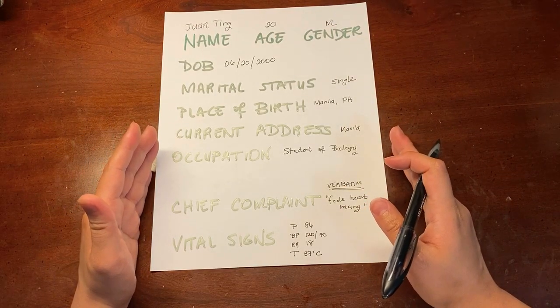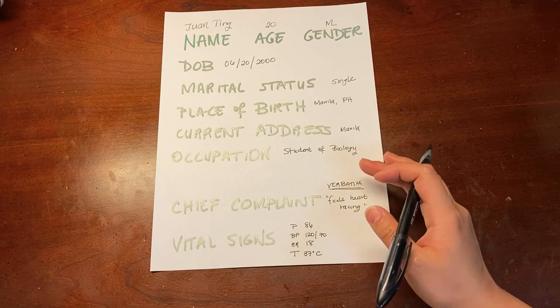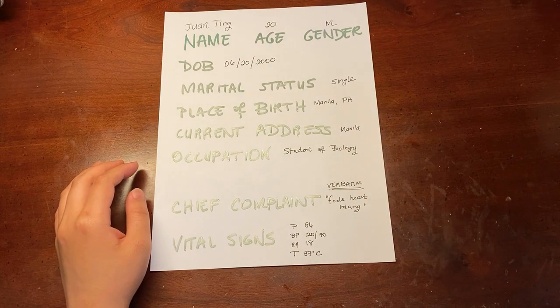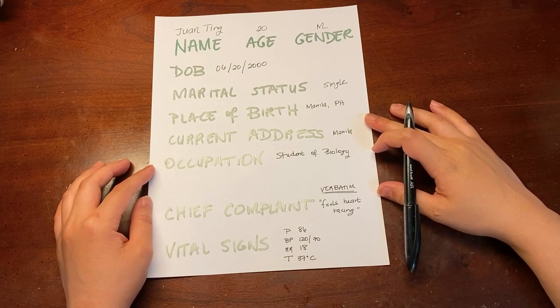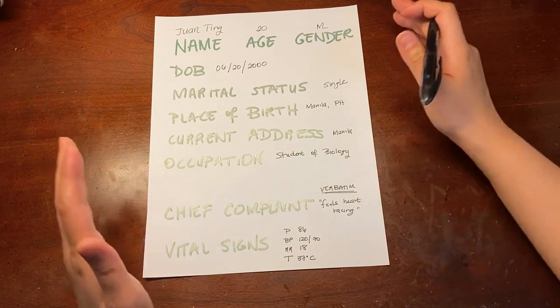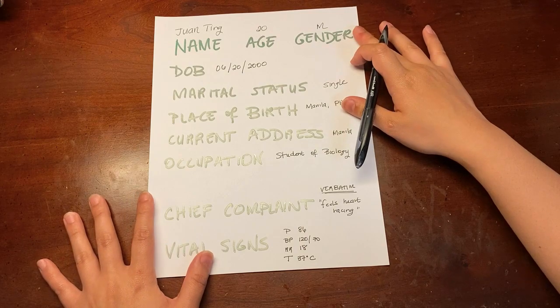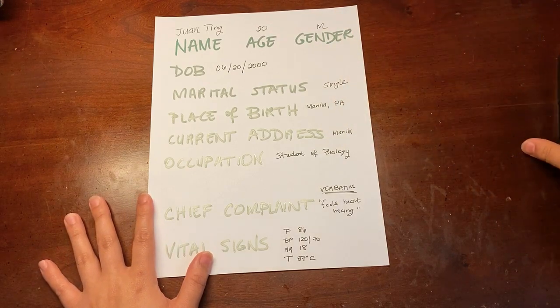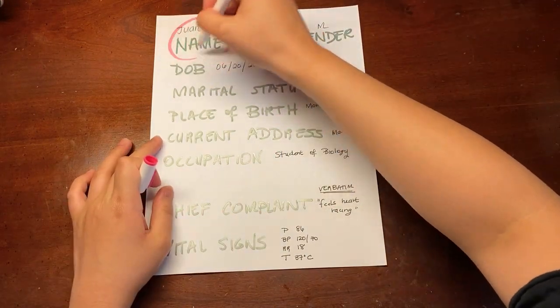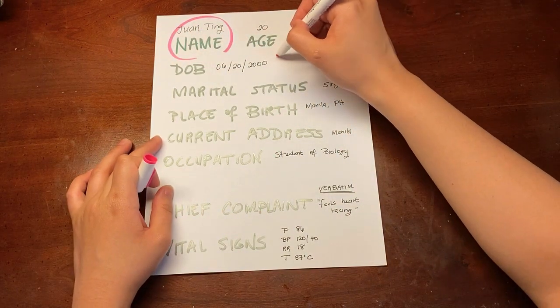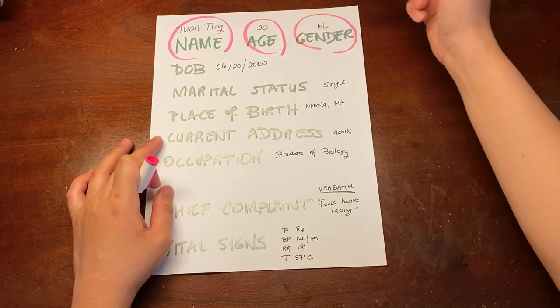The theoretical case may be a paragraph, and it may give you other information that can lend to your history taking, but you want to start off making sure that you have this appropriate information. Especially, some of the most important things to consider would be his name, because you want to make sure that you're calling him the right thing, and age and gender, of course.